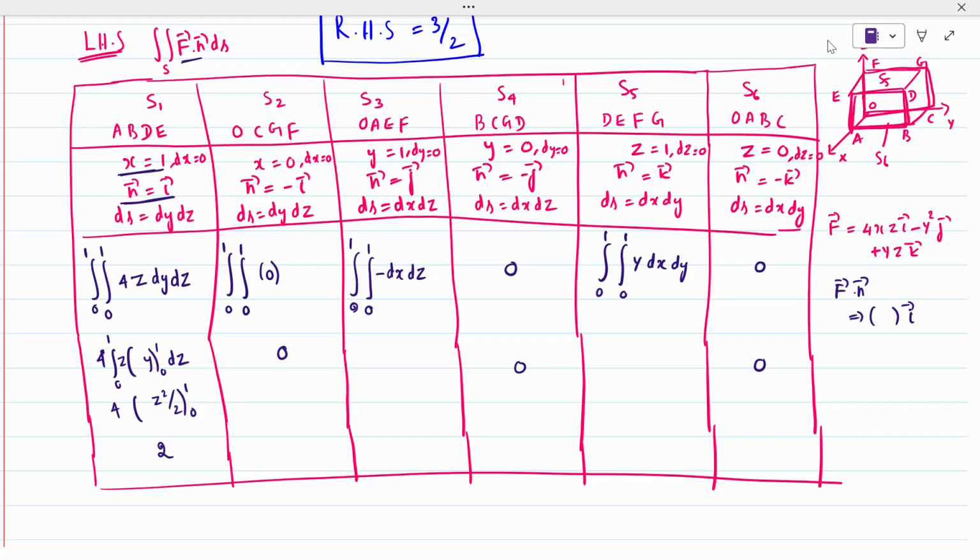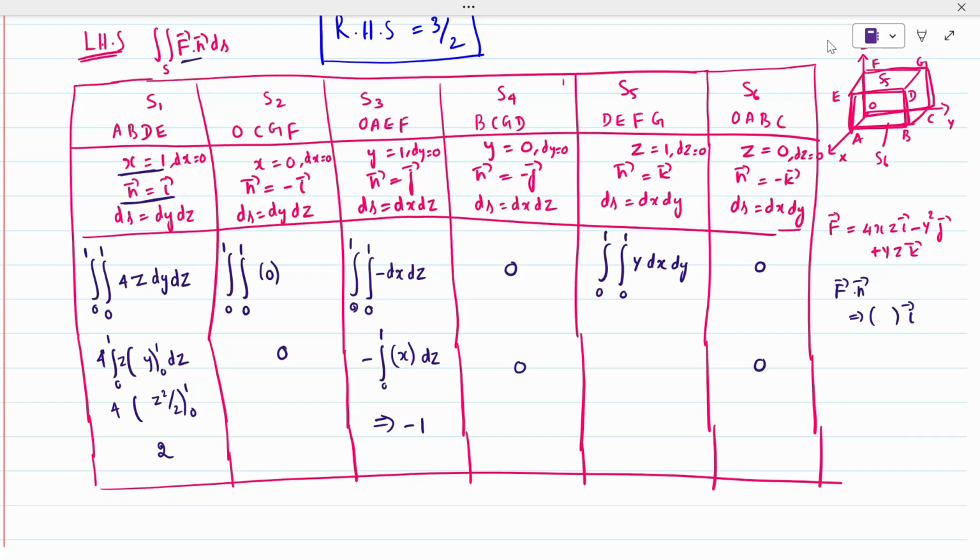Okay, so next I'll be getting the answer, this is 0, this when I integrate, minus, 0 to 1, x, so x I'll be getting, so dz, so I'll be getting the whole answer to be minus 1.